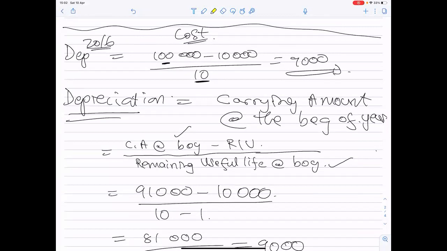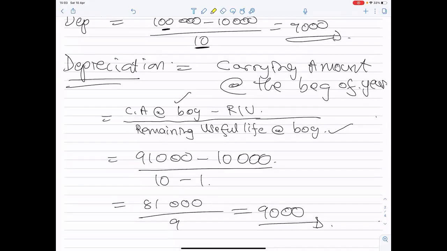If they say the residual value is 10,000, you just know that whatever amount I'm supposed to depreciate, 10,000 should not be included. So at the beginning of the year, the asset had a value of 91,000, but of that 91,000, 10,000 should not be depreciated. That's the reason why I am subtracting it. I don't know if I've answered your question. No, you did. Okay. Thank you.